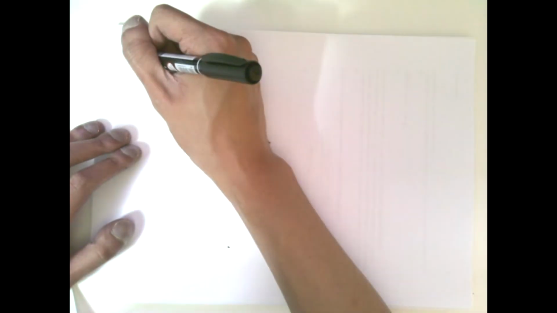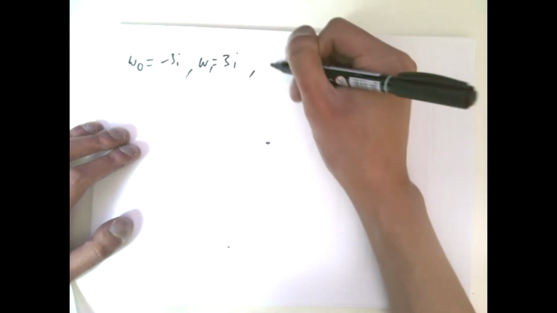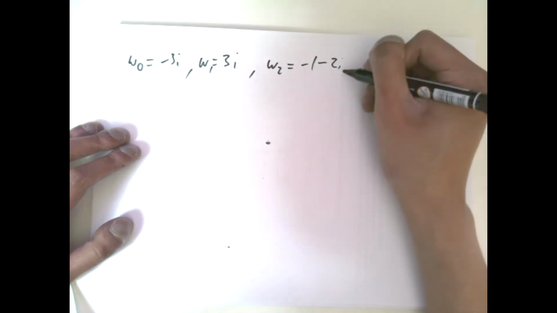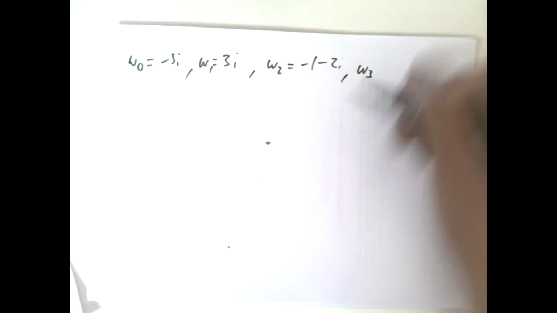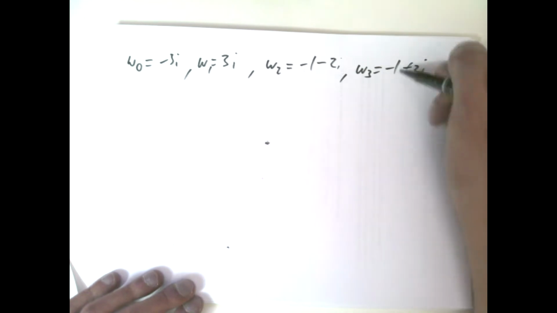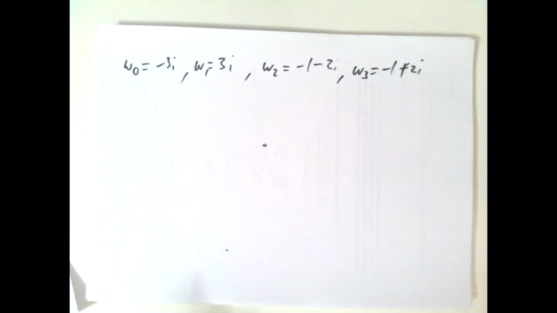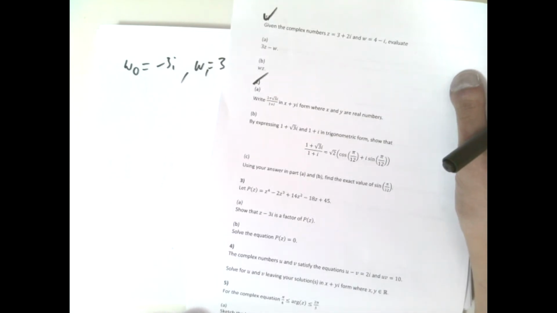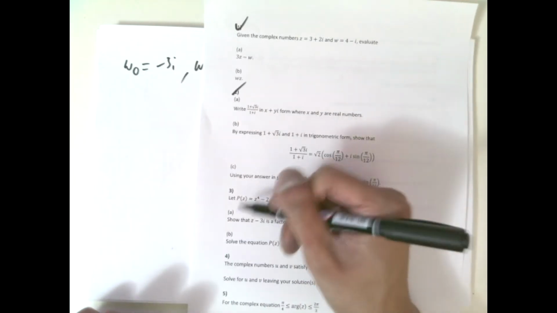Therefore, all 4 roots of the original quadratic are going to be, and we do expect 4 roots because this is a polynomial of degree 4. And with that, we're done with question 3.